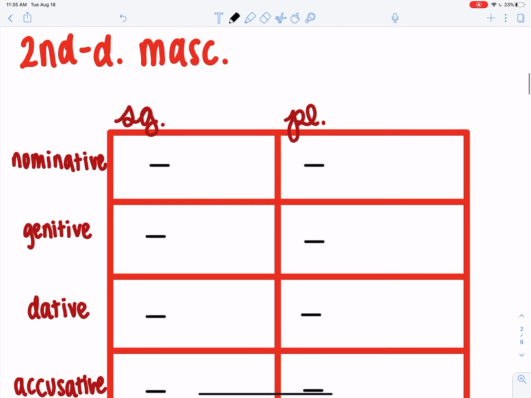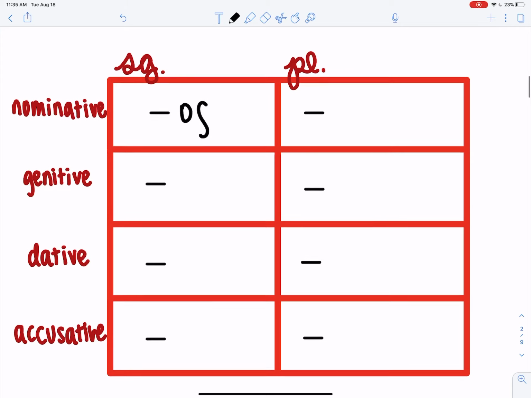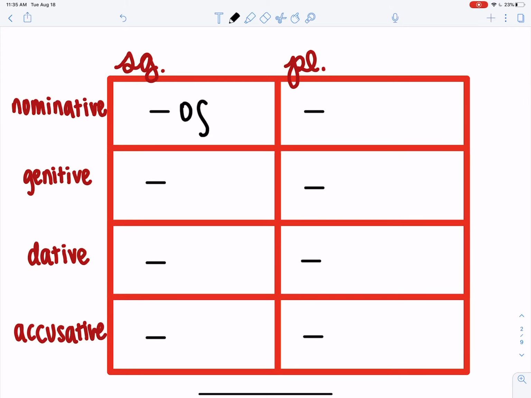Okay, the second declension masculine endings are probably easier to remember than first declension, honestly, once you get the hang of it. So the nominative is omicron sigma, so os, and again we're using this sigma rather than this one because that sigma is the last letter in the ending, so it's the last letter on whatever noun we're using.